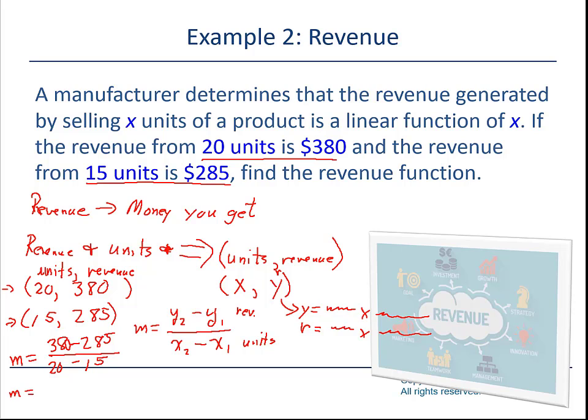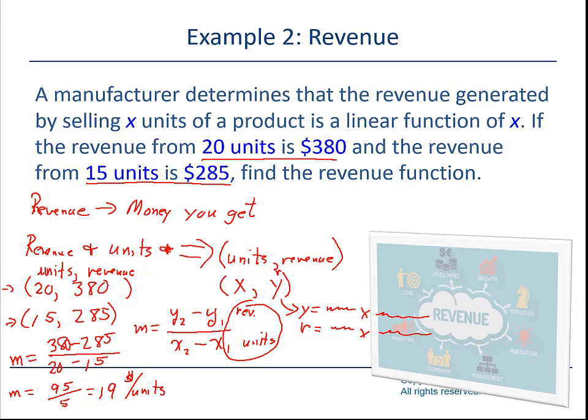Our slope, 380 minus 285 will be 95, and 20 minus 15 is a 5, so our slope is 19, and translated, remember, it's revenue per units, so this would be dollars per unit.